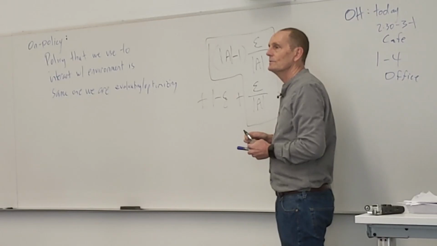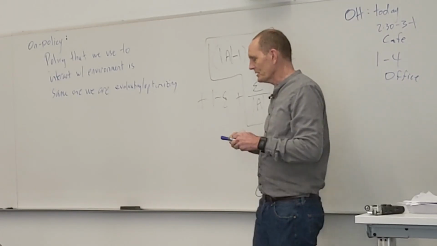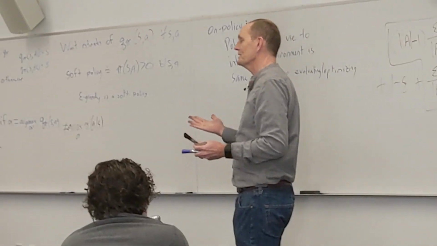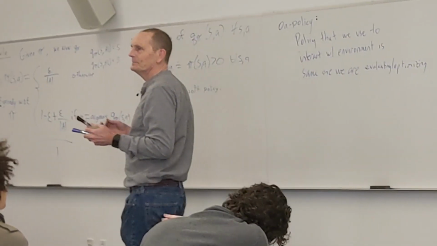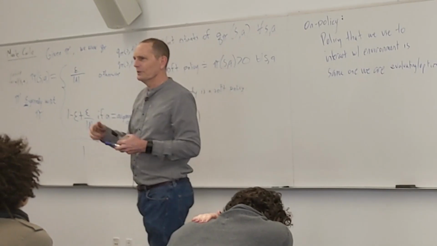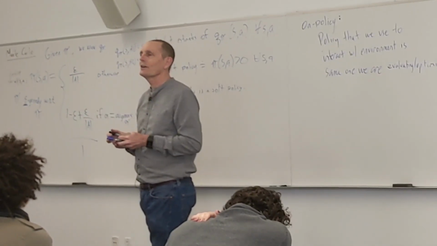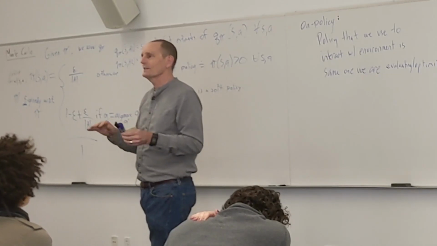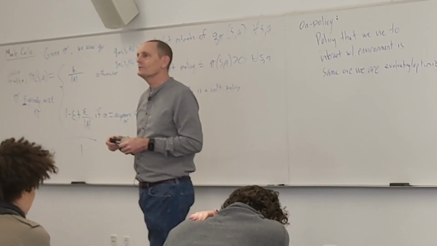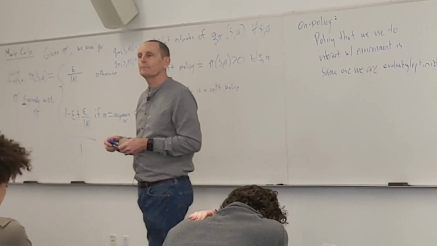Could you review soft policy? Just means something that doesn't rule out any action? That is exactly what soft policy is. So a hard policy you can think of as sort of like for neural networks, a softmax, which is this soft maximum versus a hard maximum. But it's soft in the sense of nothing is ruled out. We have a non-zero chance of doing anything.